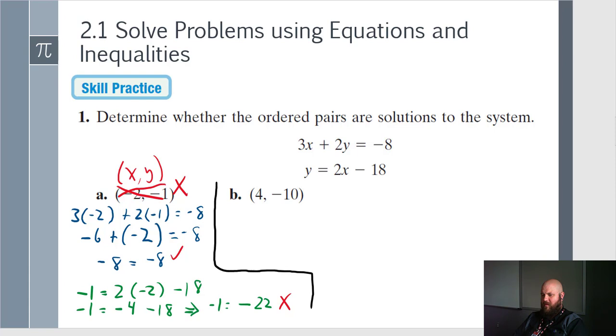Okay? So now let's do this again for the next one. So 4 and -10. Again, our x value is 4. Our y value is -10.